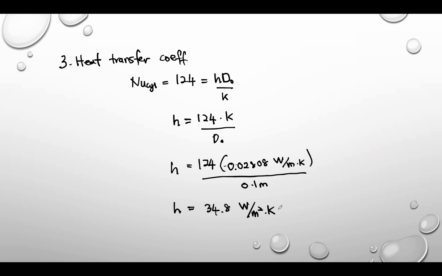In your question, it needs you to find the rate of heat transfer per unit length. Therefore, you have to substitute into equation number 4. So Q dot equals h As (Ts minus T infinity). As I mentioned before, Ts is much greater than T infinity, therefore the heat transfer is from Ts to T infinity.